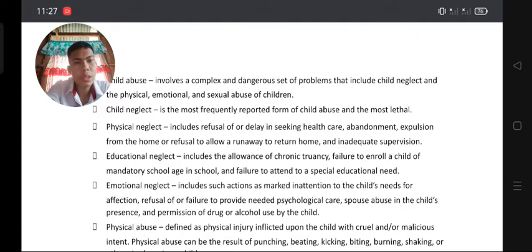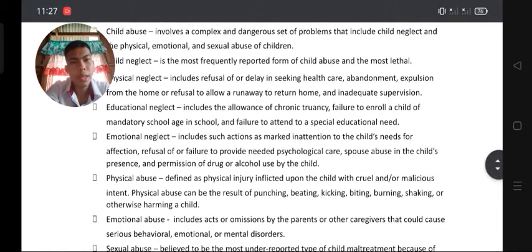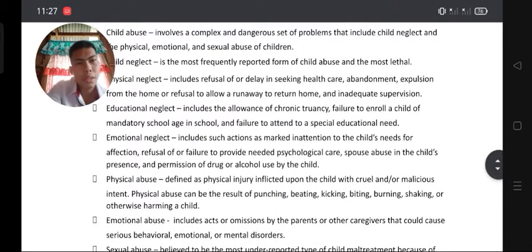Physical neglect includes refusal or delay in seeking healthcare, abandonment, expulsion from the home or refusal to allow a runaway to return home, and inadequate supervision. Educational neglect includes the allowance of chronic truancy, failure to enroll a child of mandatory school age in school, and failure to attend to a special education need.